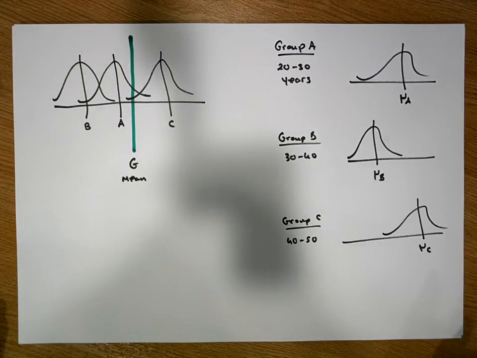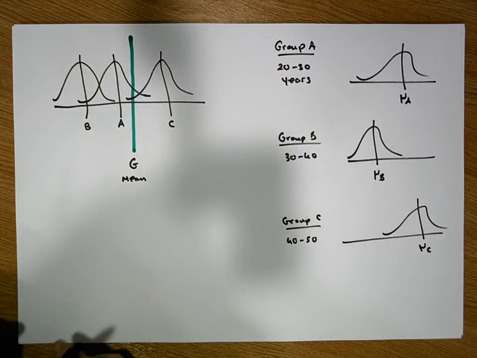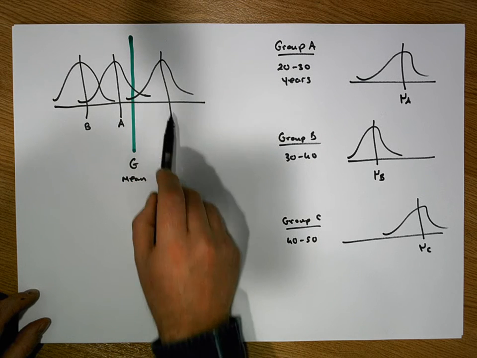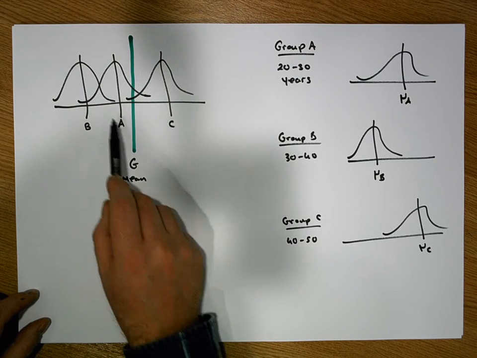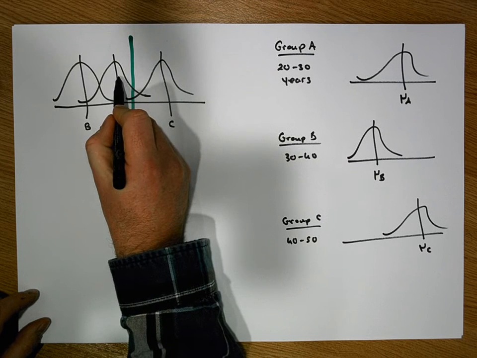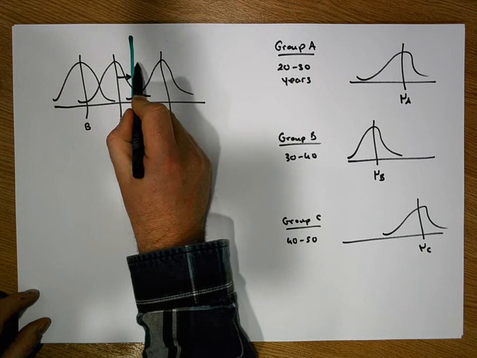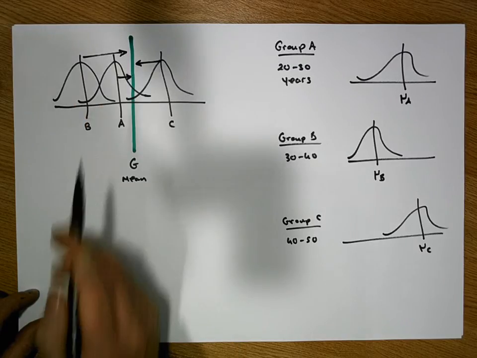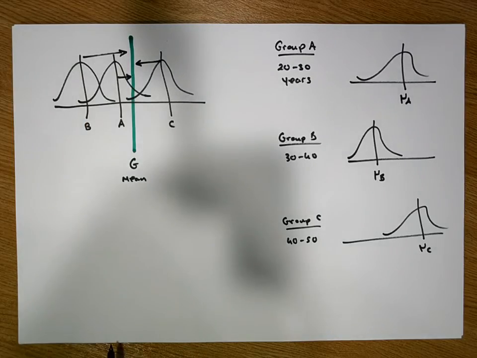Now what we do is check how far each of our distributions is from this global mean value. We know where our distributions are centered because we have the averages for those distributions. We have a formula that allows us to do that. This is our between measure.